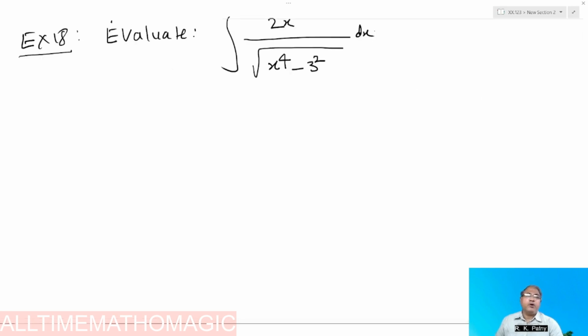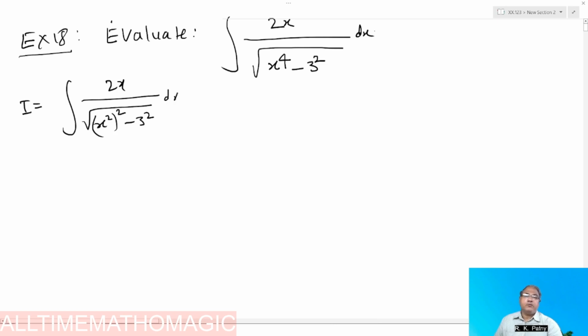Example 18, evaluate integration of 2x upon under root of x raised to 4 minus 3 square with respect to x. Here x raised to 4 is given, which can be written as x square whole square, and the derivative of x square is 2x. Therefore the given problem can be written as I equals to integration of 2x upon under root of x square whole square minus 3 square with respect to x.